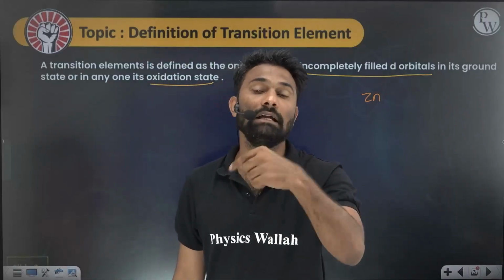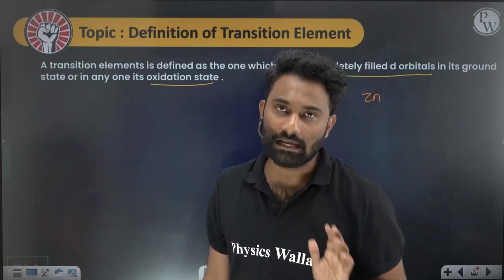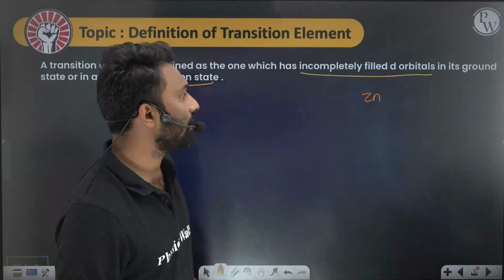An incomplete d orbital must be there in its elemental state or ground state or any oxidation state.